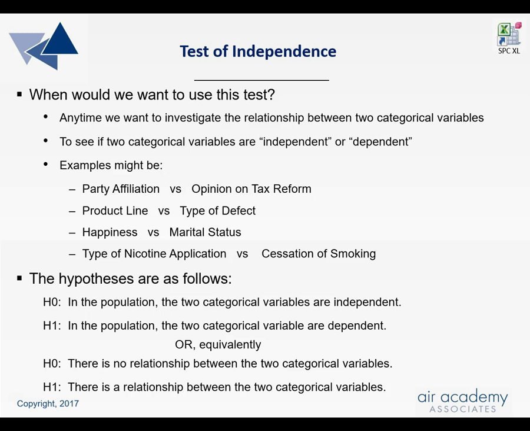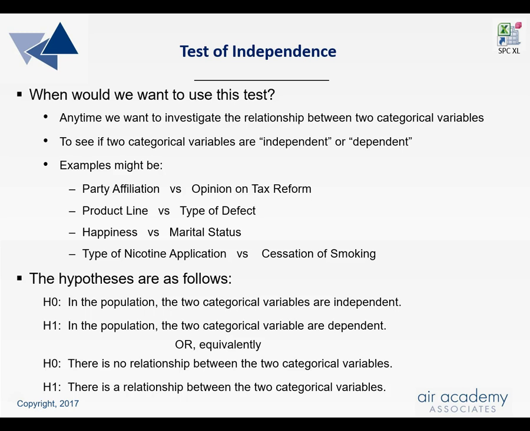The hypothesis in this test of independence is set up as follows. The null hypothesis, H sub 0: in the population, the two categorical variables are independent. The alternative hypothesis states that in the population, the two categorical variables are not independent, they are dependent. Again, the burden of proof is always on H1.